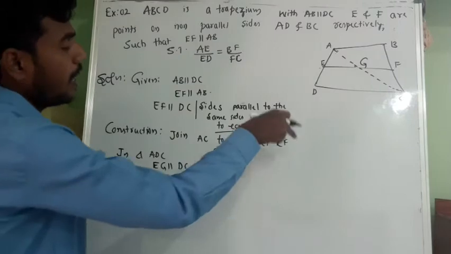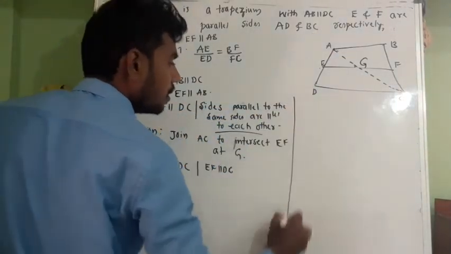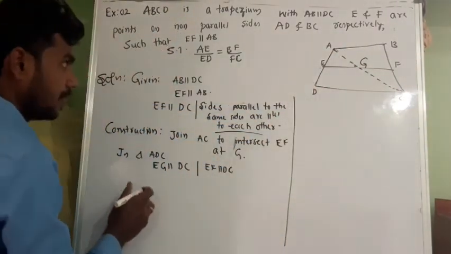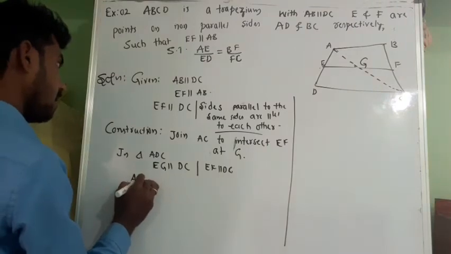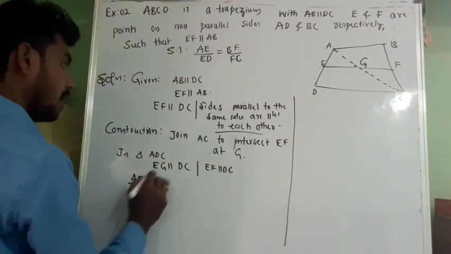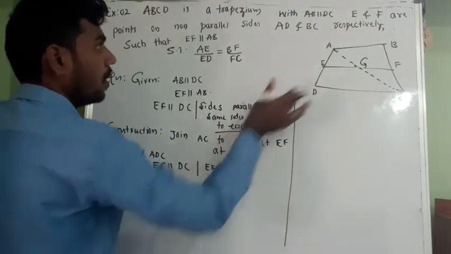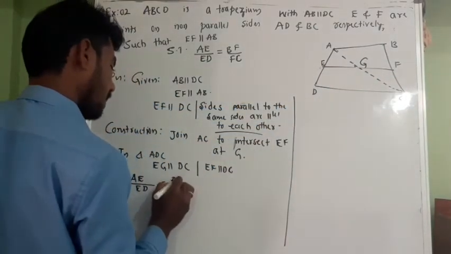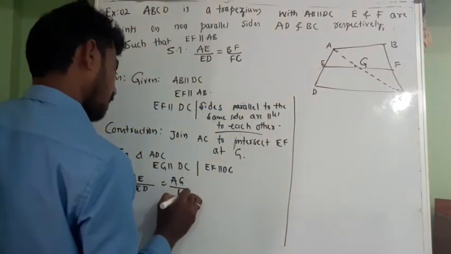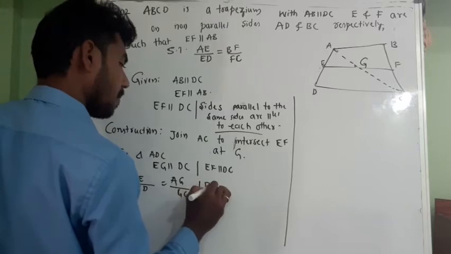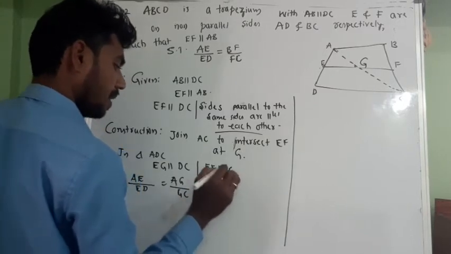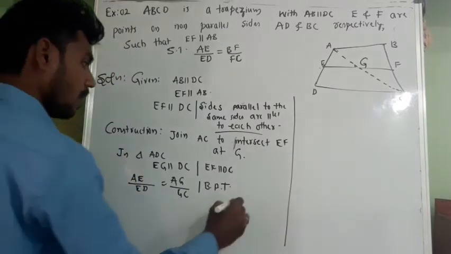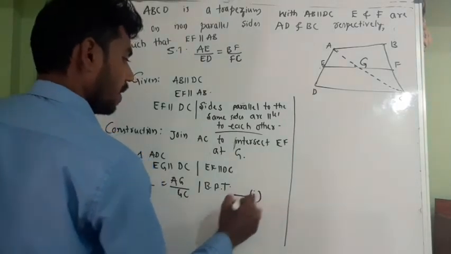So I am going to apply BPT for this particular triangle. What is that? AE by ED is equal to AG by GC. This is from the basic proportionality theorem. I will call it equation 1.